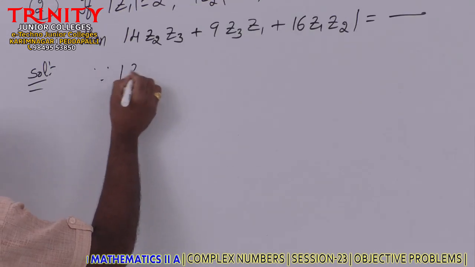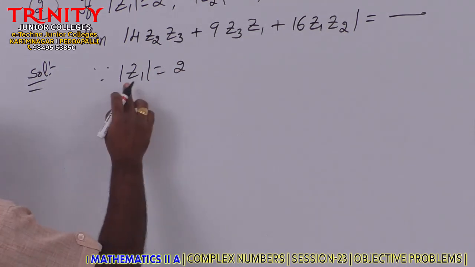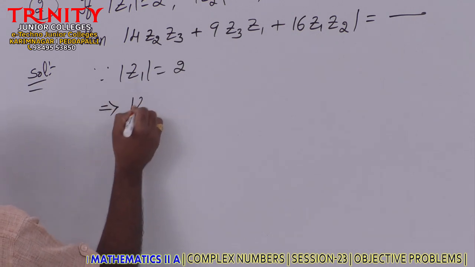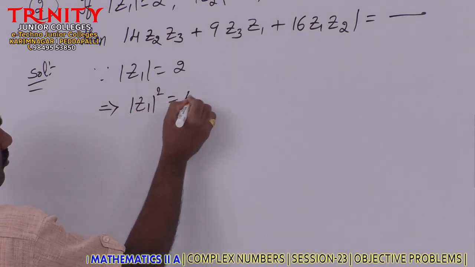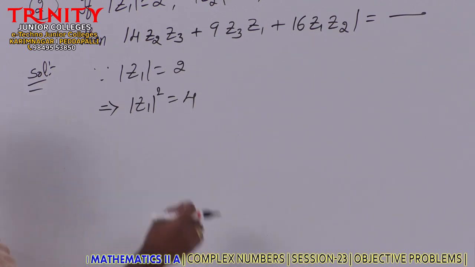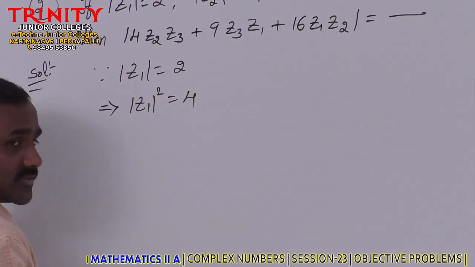Since mod z1 is equal to 2, from this can I say mod z1 square is equal to 4 by squaring? Why are we going for squaring of this modulus?